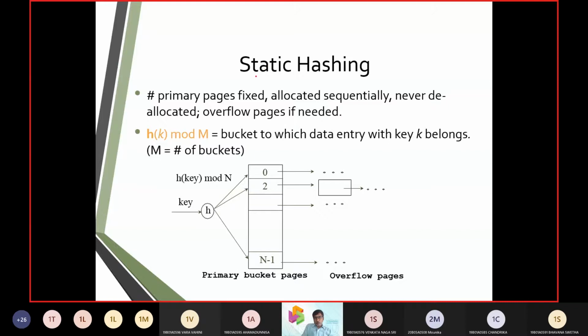The first example we take up in this indexing will be static hashing.